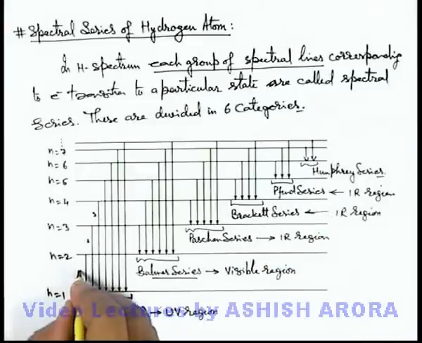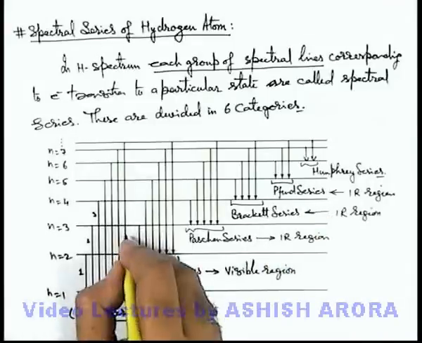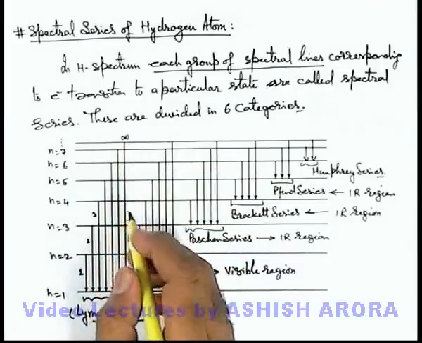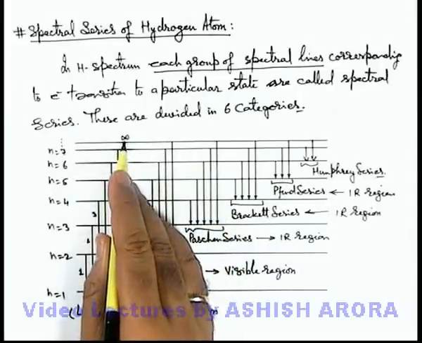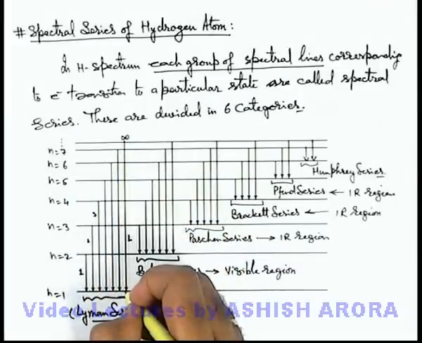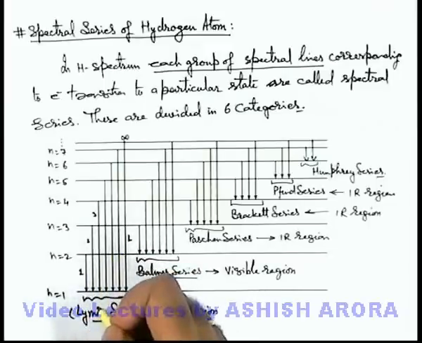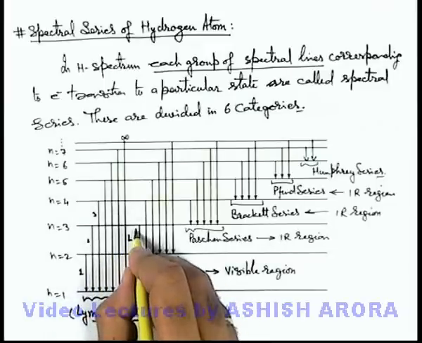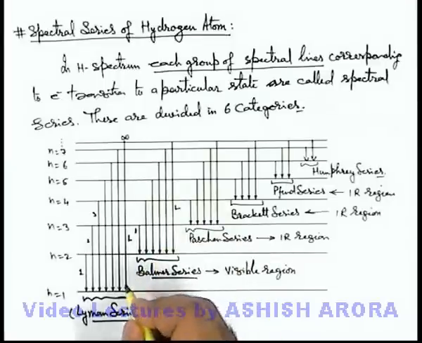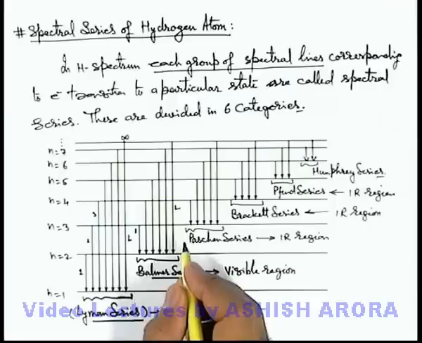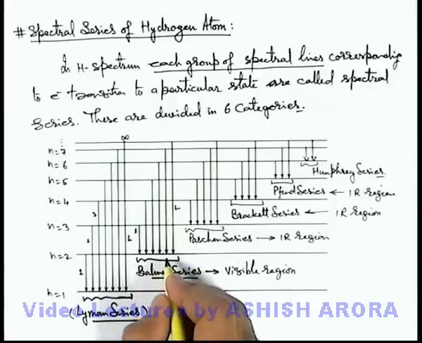Like if this is the first line of Lyman series, this will be the last line of Lyman series, which corresponds to the transition of an electron from infinite energy level to n equals 1. And these differences are quite distinguished from the first line of Balmer series and last line of Balmer series. As you can recall from the previous section, we have seen that a few initial spectral series are separated from each other.